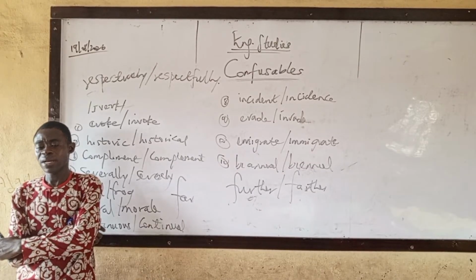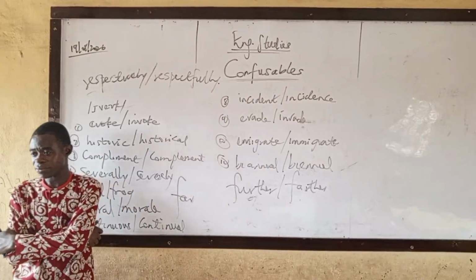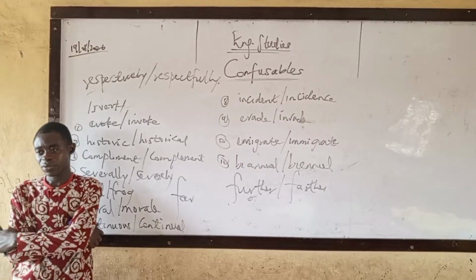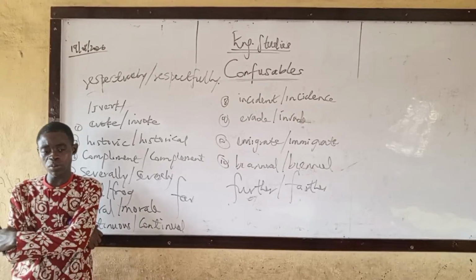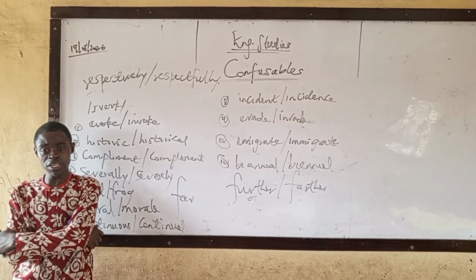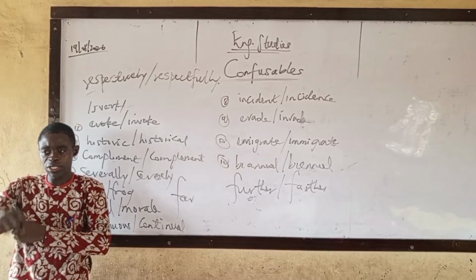Number 4, dining, where you eat. Dining. Number 5, seize, to confiscate something, to take ownership of something by authority. Seize.